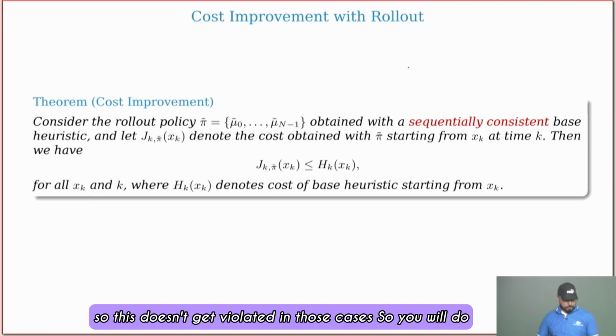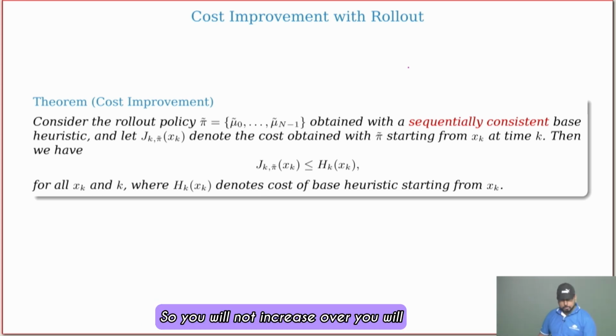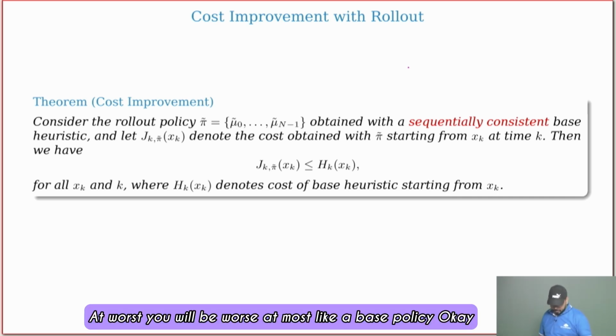So this doesn't get violated. You are safe to do the rollout because your base policy is consistent. You will either improve or remain like the base policy; at worst, you will be as good as the base policy.